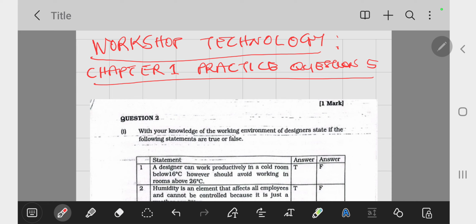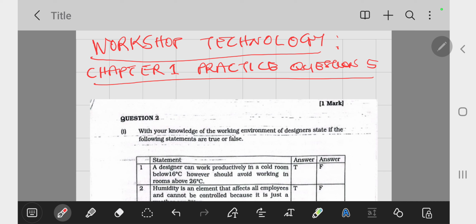If you haven't watched the introductory class, which explained all the concepts on workshop safety, be sure to check it out before you start looking at the practice questions. After understanding that class and going through all these questions, you should be able to face the exam and answer any question on workshop safety.